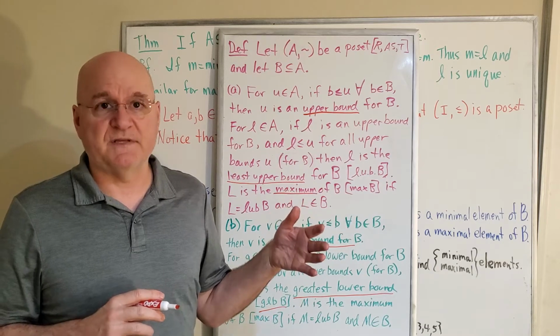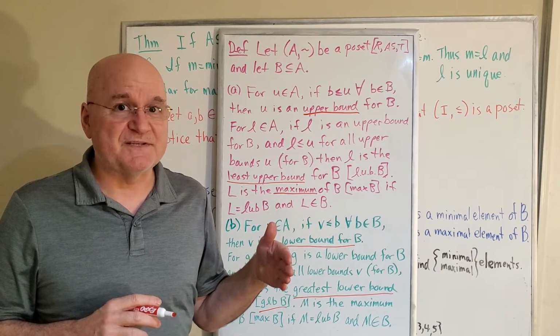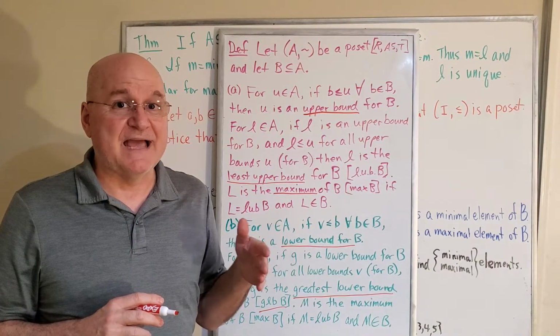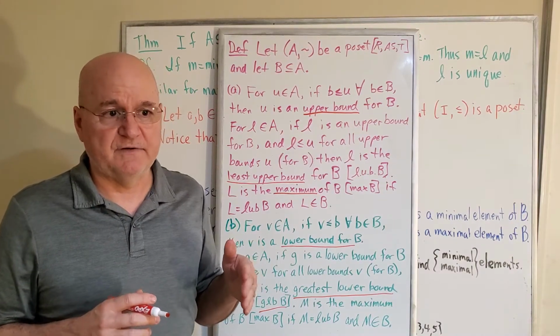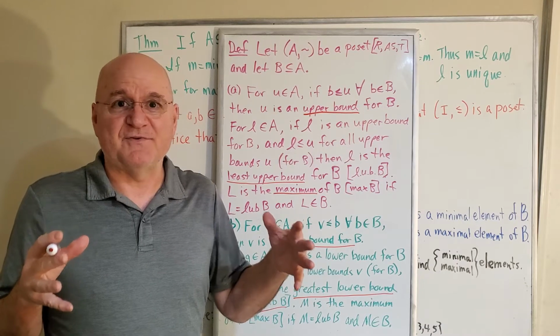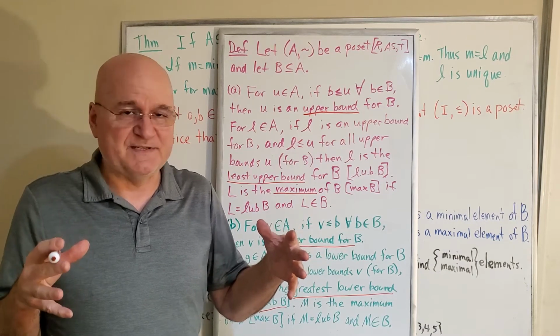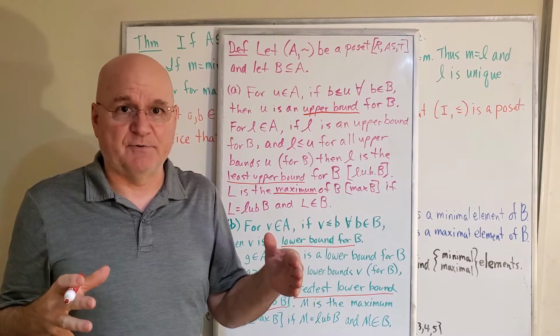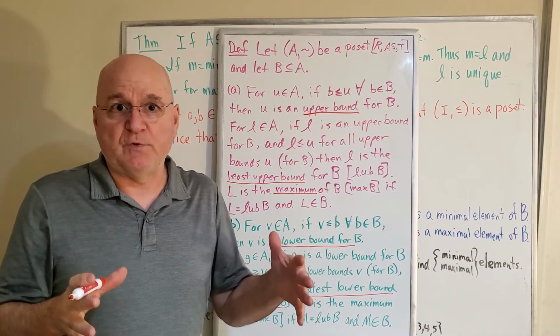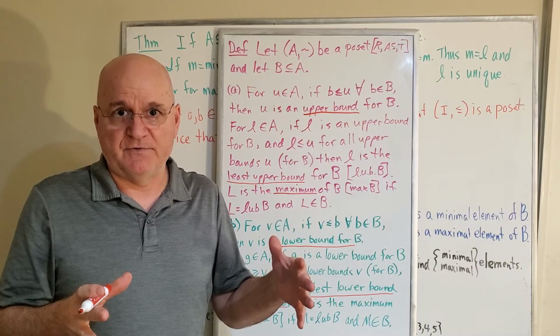The number 20 is an upper bound. The number 11 is an upper bound. The number 9.5 is not an upper bound because 10 is greater than 9.5. The number 10 is an upper bound of the set 1 to 10. It's not only an upper bound, it's the least upper bound. And 1 would be the greatest lower bound of that set.